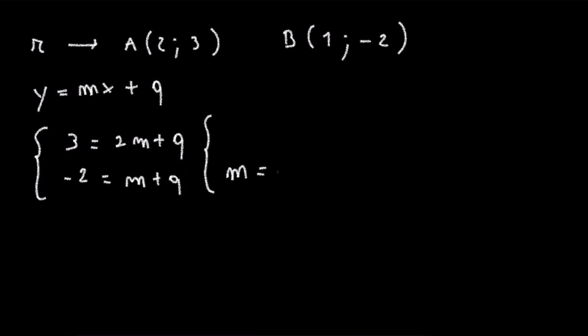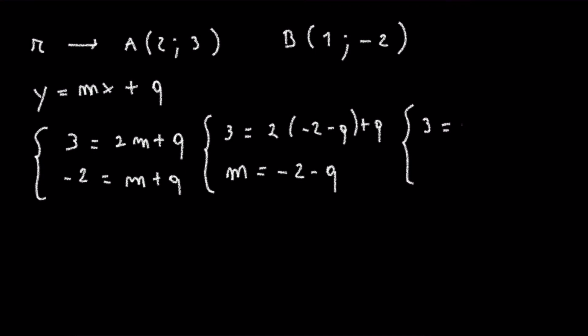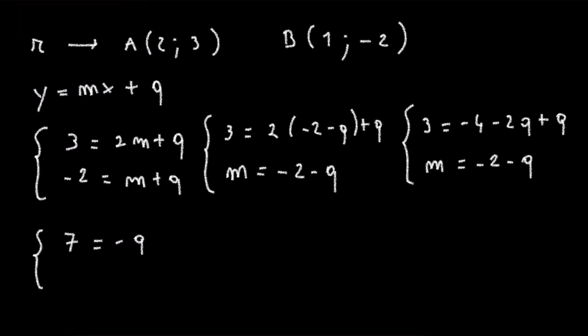So m equals minus 2 minus q, and then we can substitute in the first equation: 3 equals 2 times (minus 2 minus q) plus q, so 3 equals minus 4 minus 2q plus q. So 7 equals minus q.